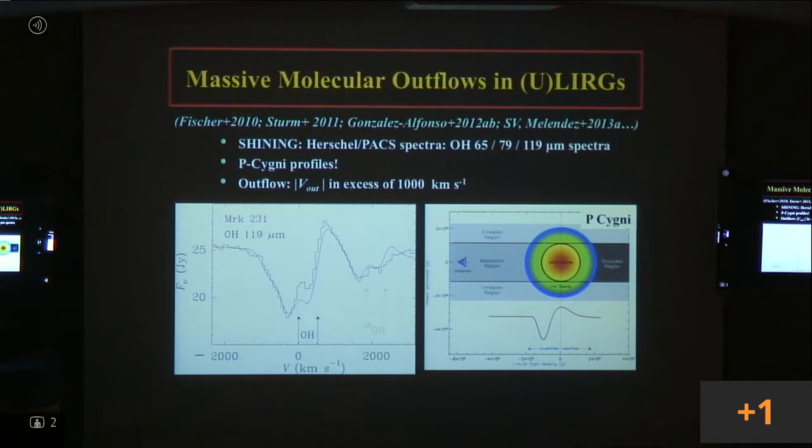This is a ground state transition. What's remarkable is the fact that this wing extends to 1,000 kilometers per second. This is 0. This is about 1,000 kilometers per second. So this is the molecular gas in the galaxy moving out of the galaxy at 1,000 kilometers per second.